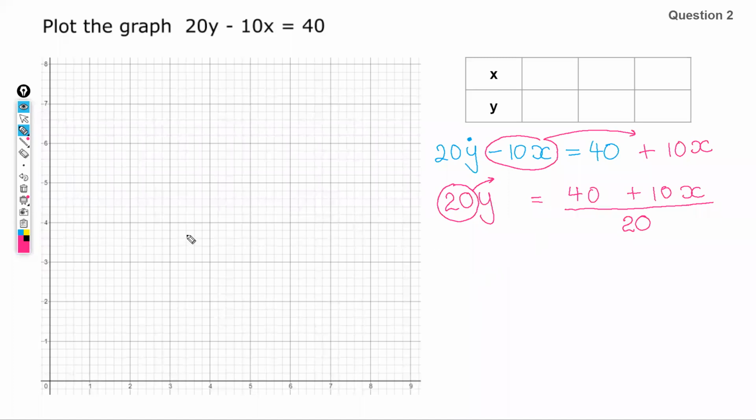Or the other option is, and this is the one I would prefer today, instead of drawing one big divide sign and putting the 20 underneath, you can divide both of them at the same point in time by 20. Either of them are correct. Because think about it.